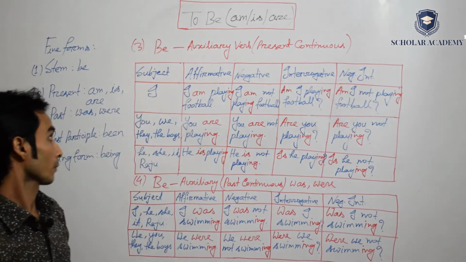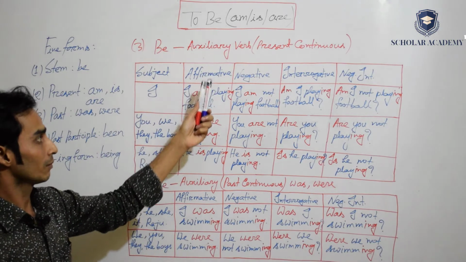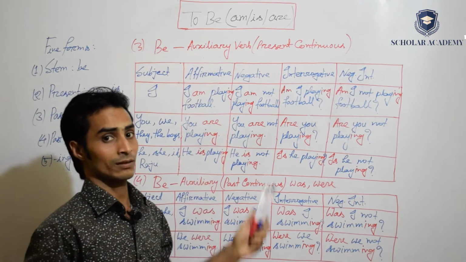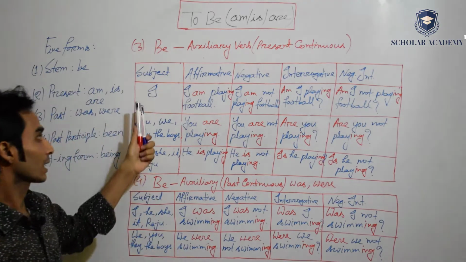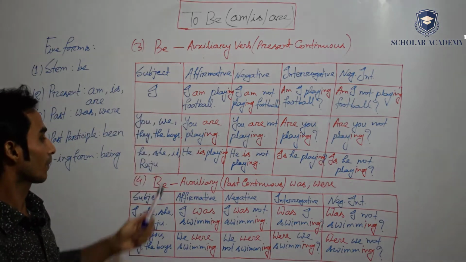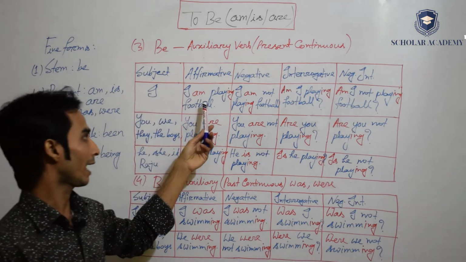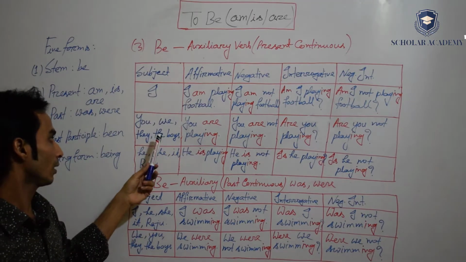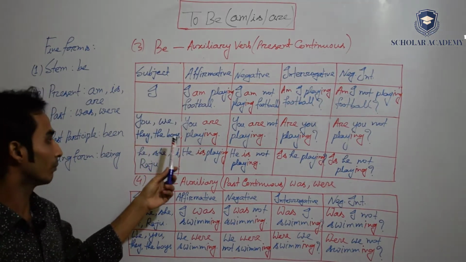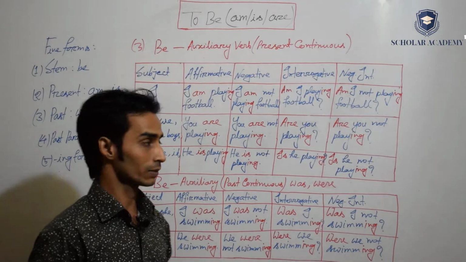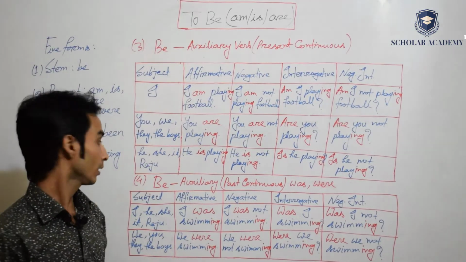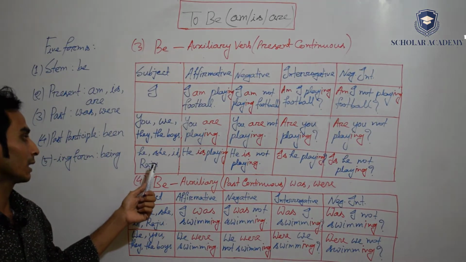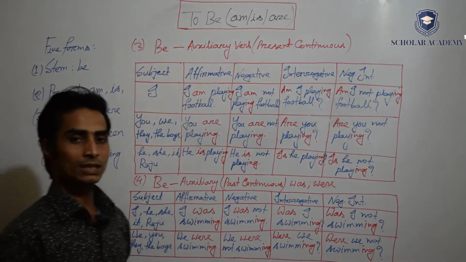So in the present continuous tense, be is used as am, is, are. If the subject is I, we will have to use am, and if the subject is you, we, they, the boys, we will have to use are, because these subjects are plural. And if the subject is he, she, it, Raju, we will have to use is, because this subject is singular.